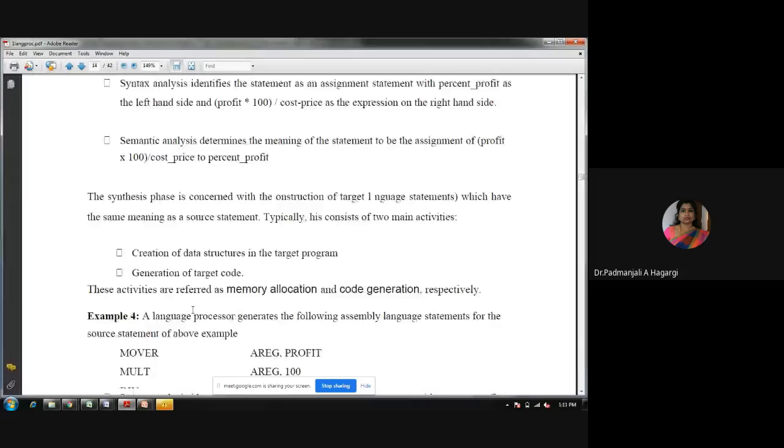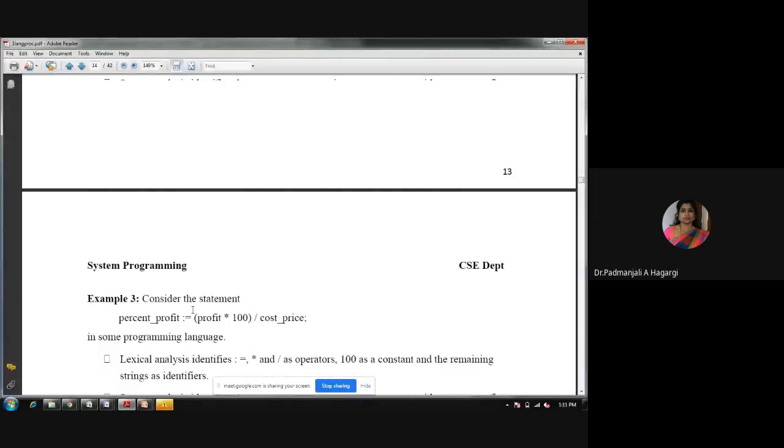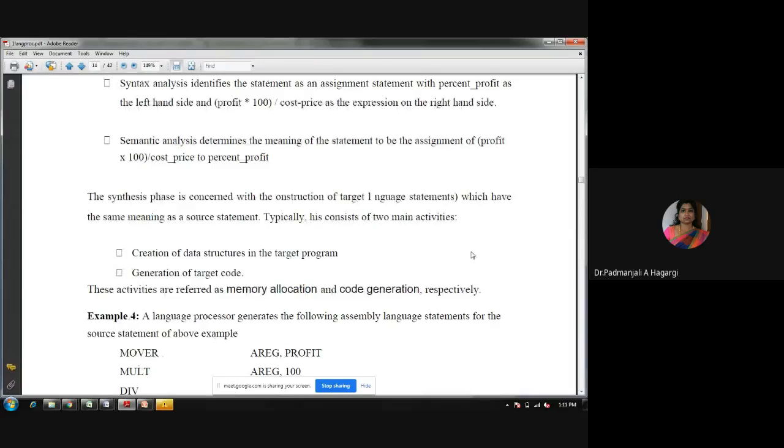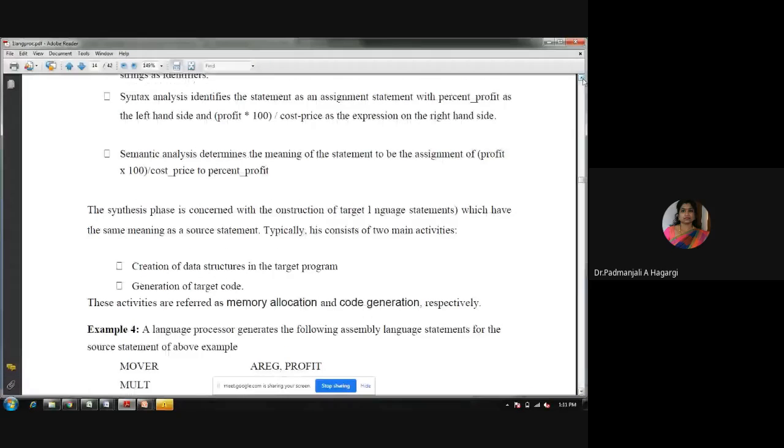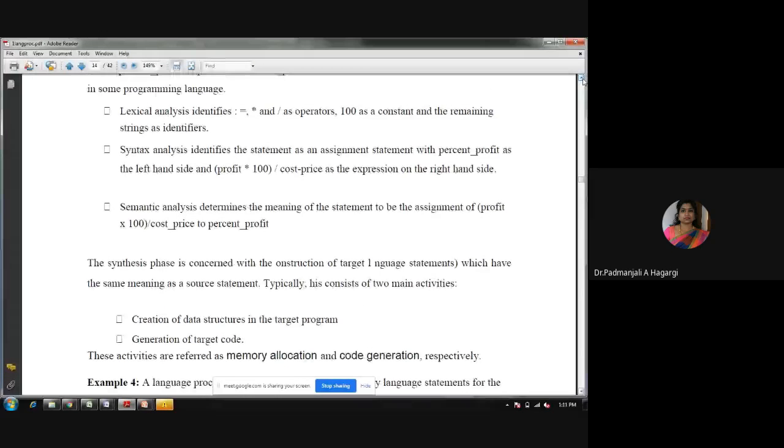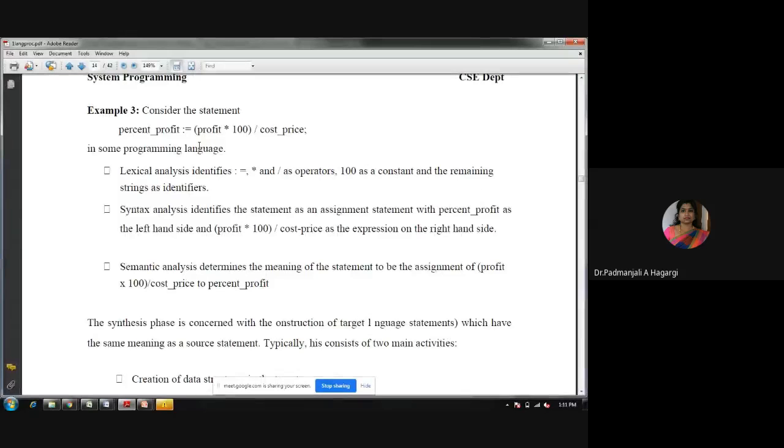Now here is one example. Consider the cost. The language processor identifies the star as multiplication and the division sign as operators, 100 as the constant, and the remaining as strings.